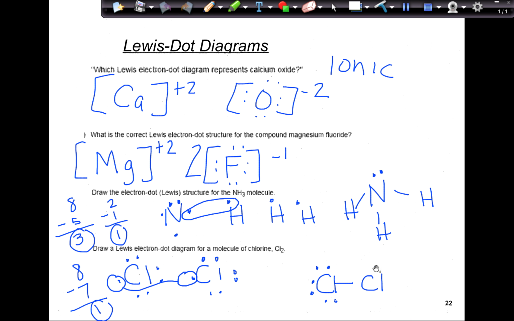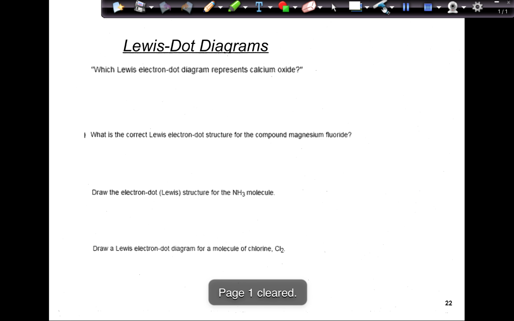Remember, we can make a bond as 2 dots between, or those 2 dots can be turned into a line. So this is 2 electrons being shared in a nonpolar bond because it's 2 atoms of the same nonmetal. This is 2 electrons being shared in a polar bond. If we talk about MSNAP, this is the asymmetrical polar, this is the symmetrical nonpolar.